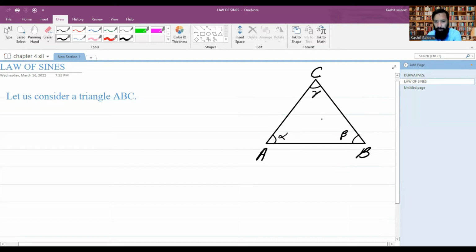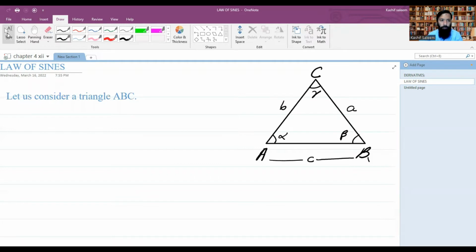Now this is small a, which is the length of the side BC opposite to the vertex A and angle alpha. This is small b, the length of AC, and this is the length of AB. The lowercase letters are the lengths of the sides.